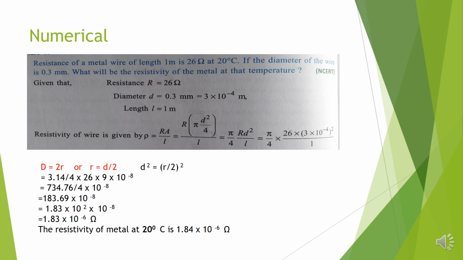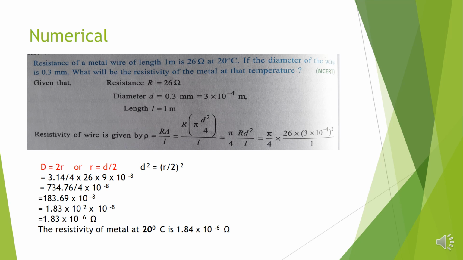Now, generally conducting wires are cylindrical. So what will be the formula for area of cross section? Pi r square or pi d square by 4. I have given the relation. See, d is equal to 2r, so r is equal to d by 2.